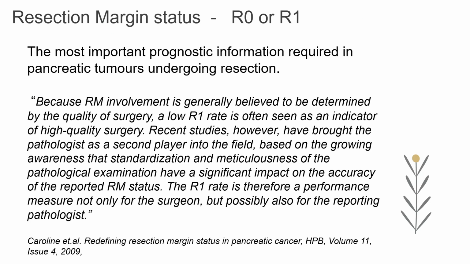Recent studies, however, have brought the pathologist in as a second player in the field, based on the growing awareness that standardization and meticulousness of the pathological examination have a significant impact on the accuracy of the reported RM status. The R1 rate is therefore a performance measure not only for the surgeon but possibly also for the reporting pathology. So that is why it's so important that the surgeon and pathology team have a very good understanding and good communication with labeling, and that is the mantra.